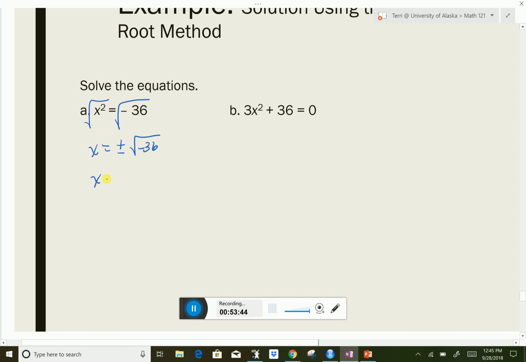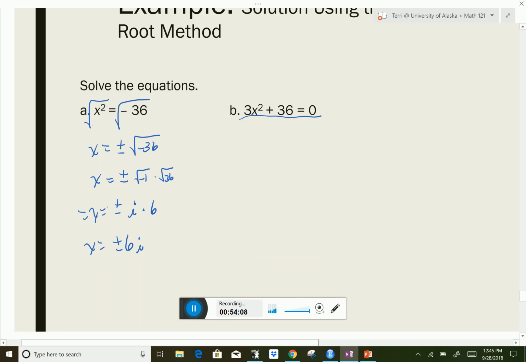So x equals the square root of negative 1 times the square root of 36, plus or minus. Remember this is i and 6. Forgot the equal sign, x equals plus or minus 6i. And that's how we would write that.